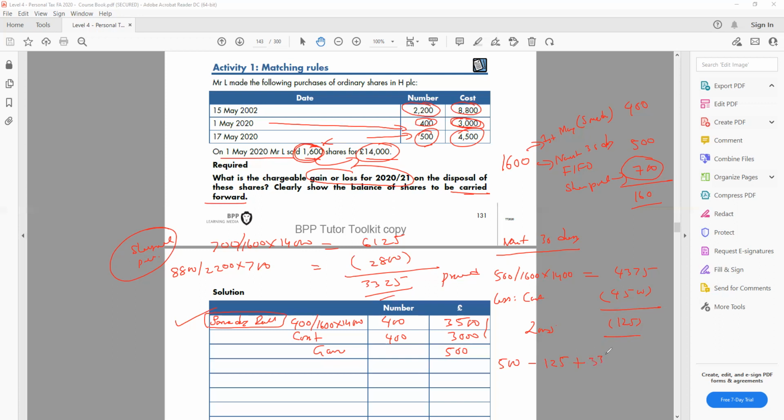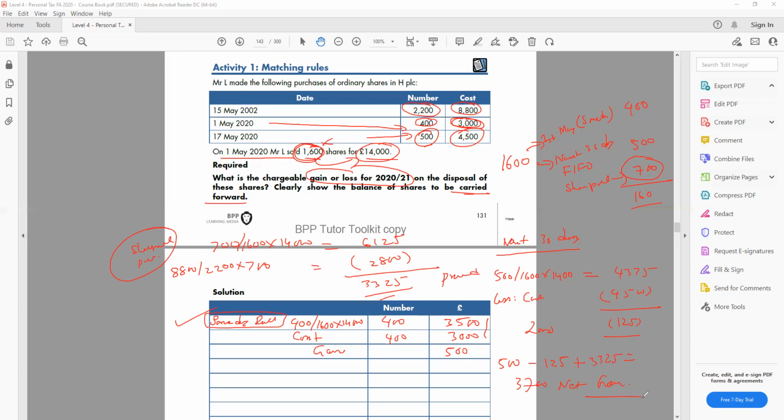So 3,325 plus 500 and minus 125, and that will give us 3,700 is the net gain. So the net gain is 3,700.